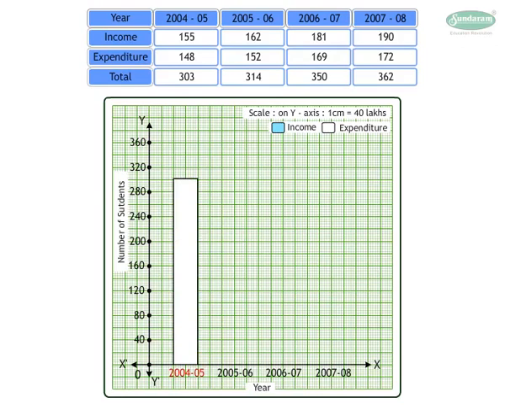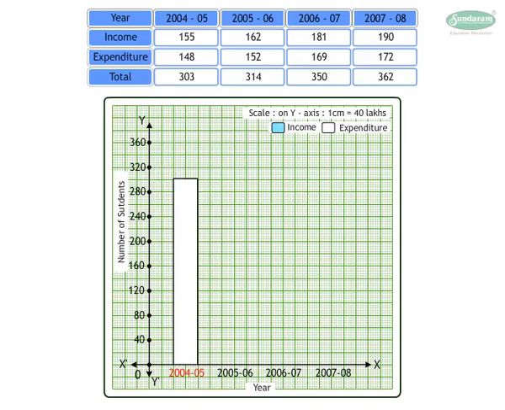Let us begin drawing bars. Let us draw for year 2004-2005. Leave a block after y-axis. Total figure of income and expenditure of a company is 303. So we will draw a bar of 303. 303 is between the second and third line after 300.